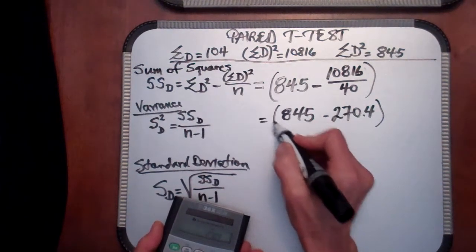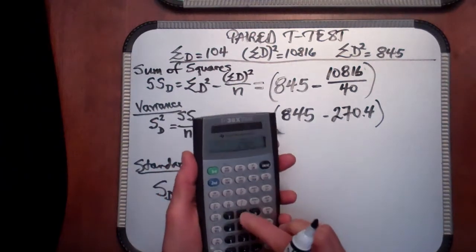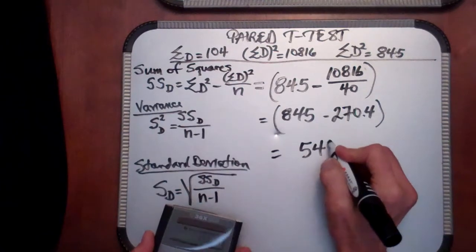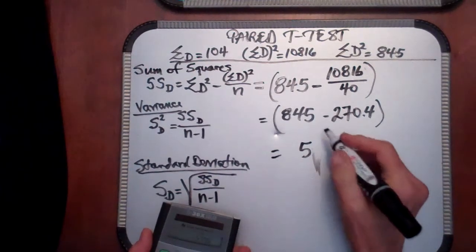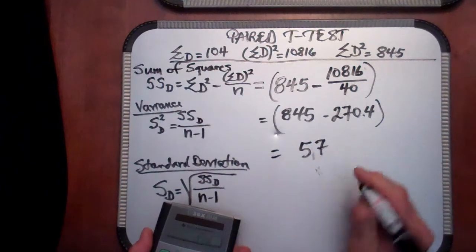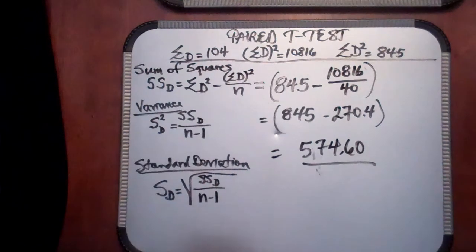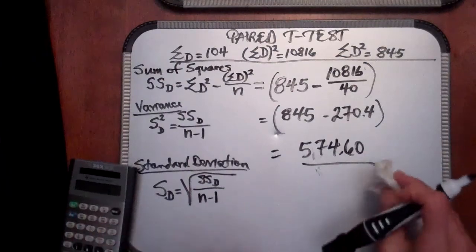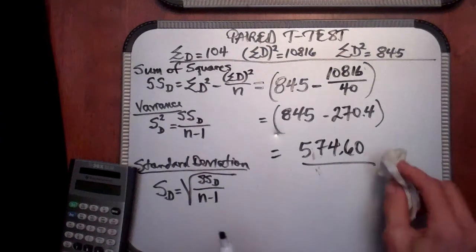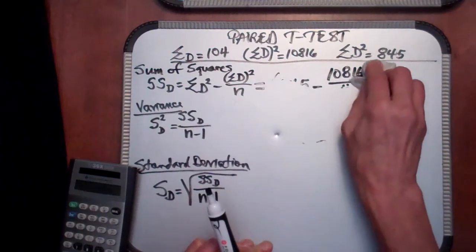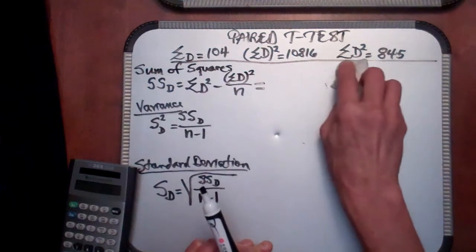And then let's subtract 845, and you get 574.60. So that was pretty straightforward. Our sum of squares of the differences is 574.60, and let's just write that up here. 574.60.